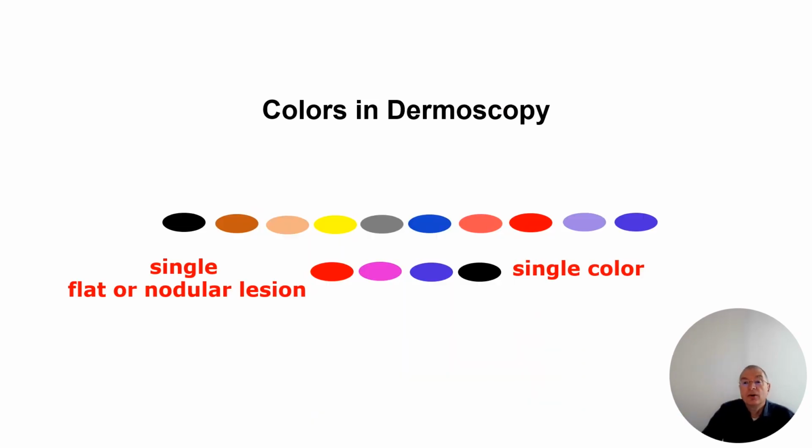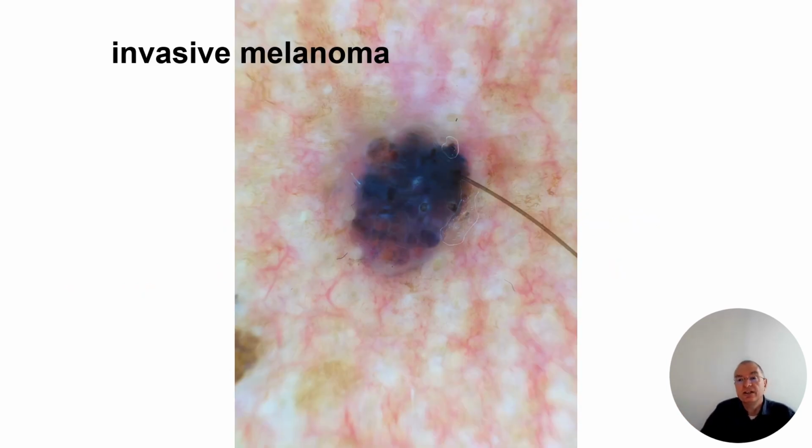So the colors are important in the help of dermoscopy, especially in single flat or nodular lesions. For example, more or less bluish black, something like this. I admit also a little bit whitish, a little bit pink, an alarm sign. Invasive melanoma, very small in area, but 2 millimeter tumor thickness.